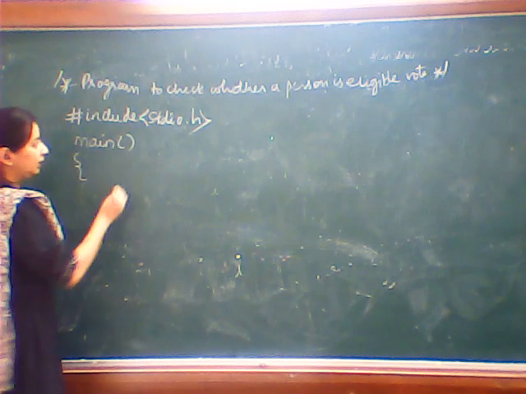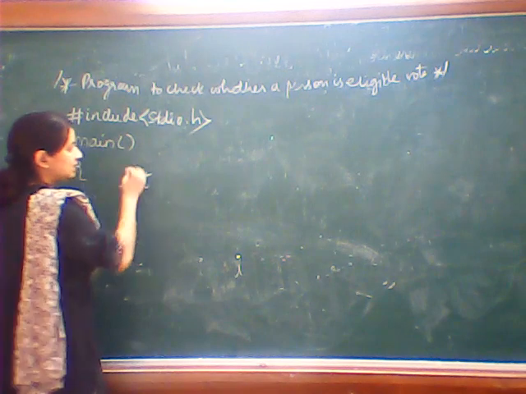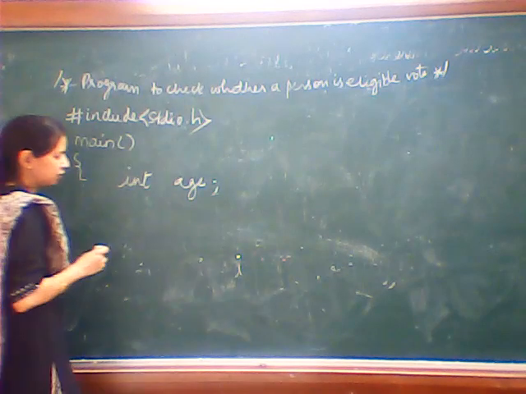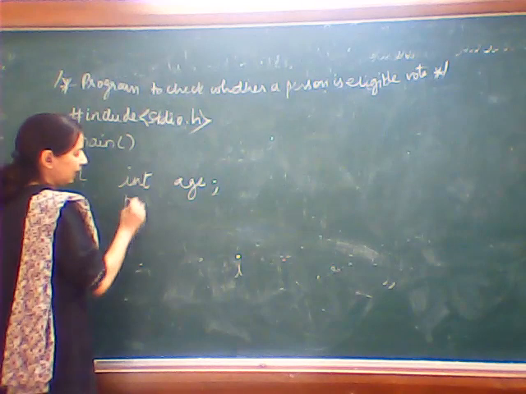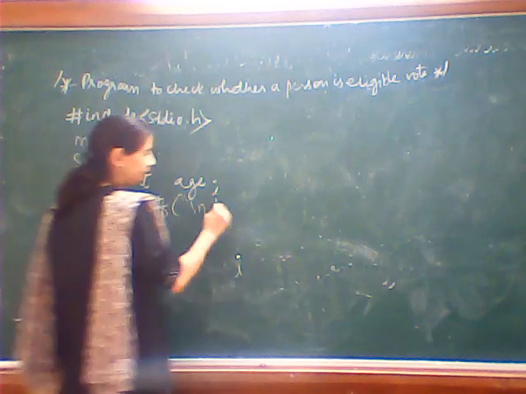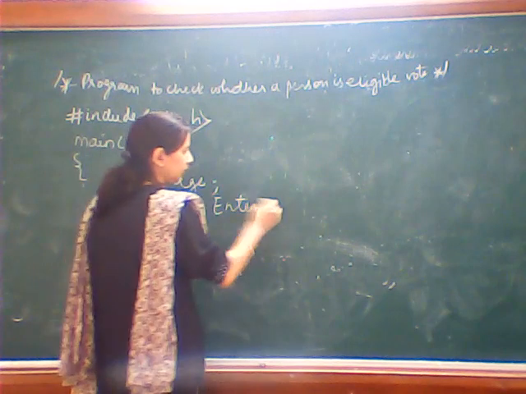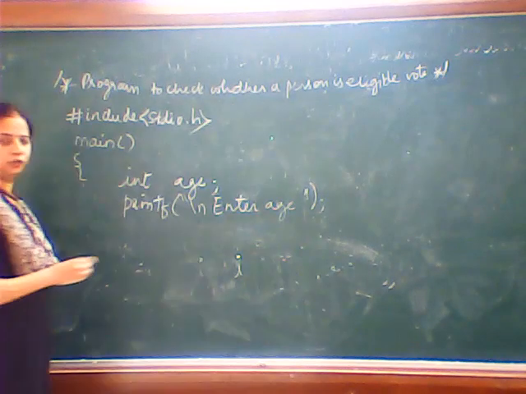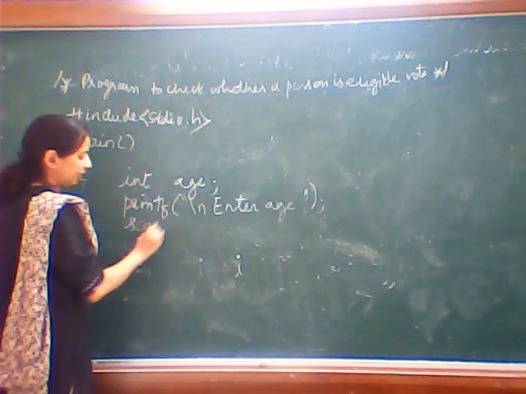Now in the main we declare the necessary variables. We are going to declare only one variable, and that is age. We'll ask the user to enter the age of that person, and that value will be stored in the variable called age.